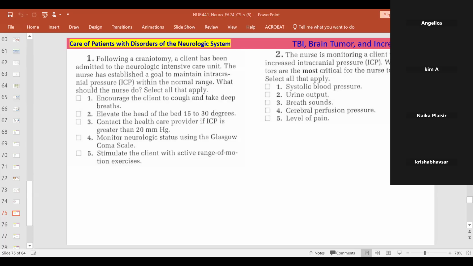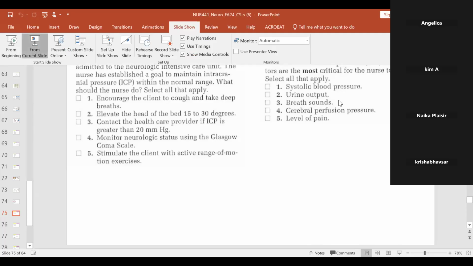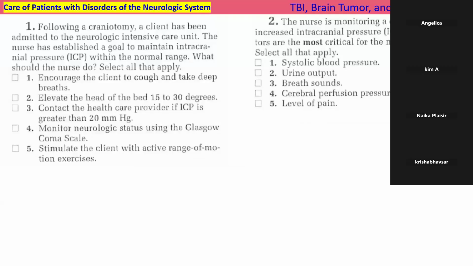So you'll find the equation in the chat. It says that the cerebral perfusion pressure equals the MAP minus ICP. So we should monitor the patient's CPP, which is obtained from the ICP and MAP.